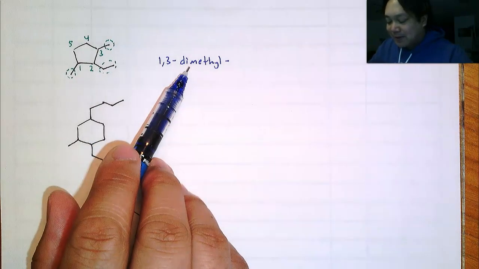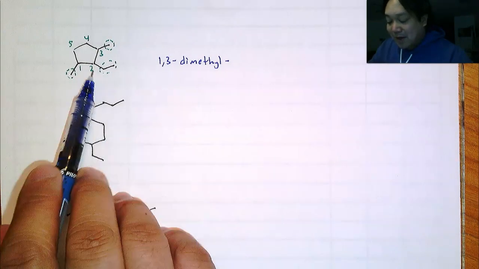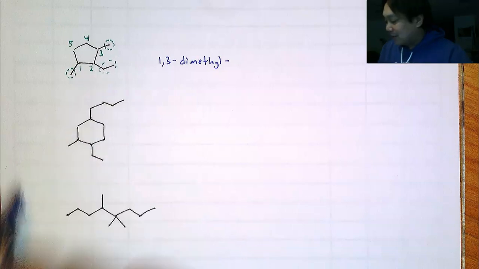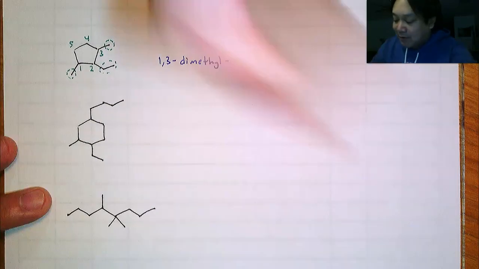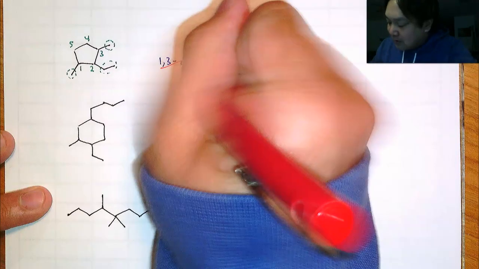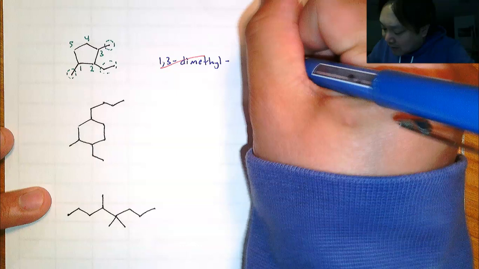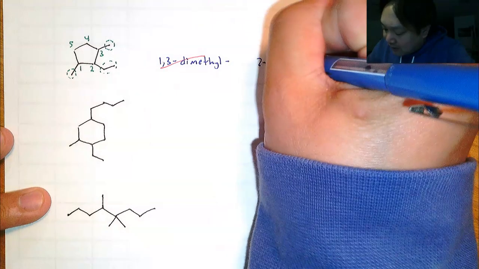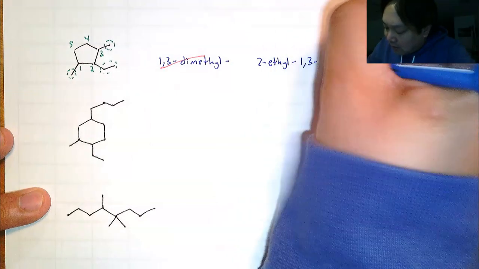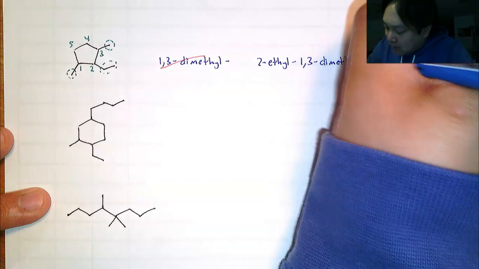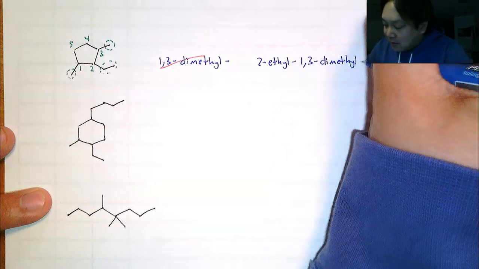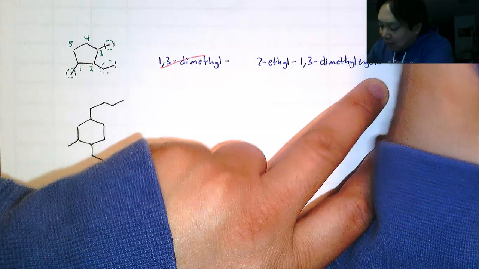We're supposed to alphabetize based on the E and M, so actually the ethyl group comes first. I'm not going to erase it, because that's going to remind me again not to take any shortcuts. 2 ethyl, 1, 3 dimethyl.